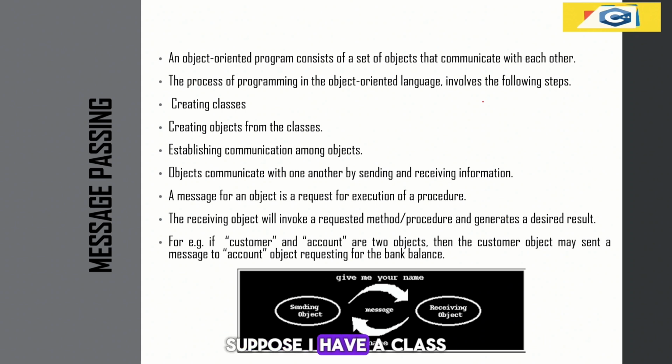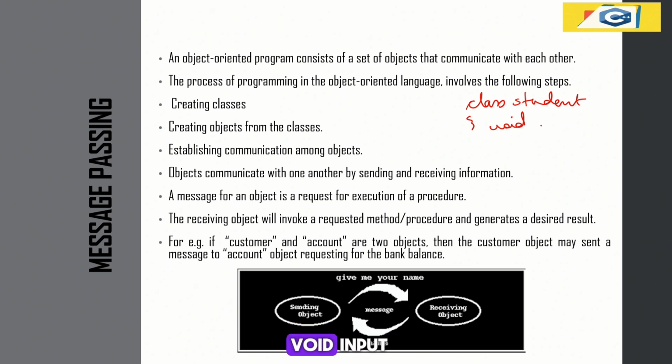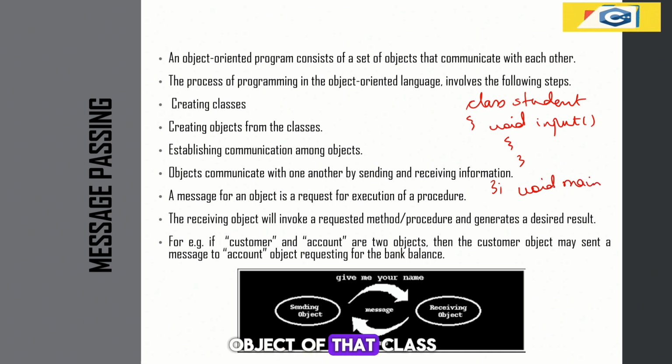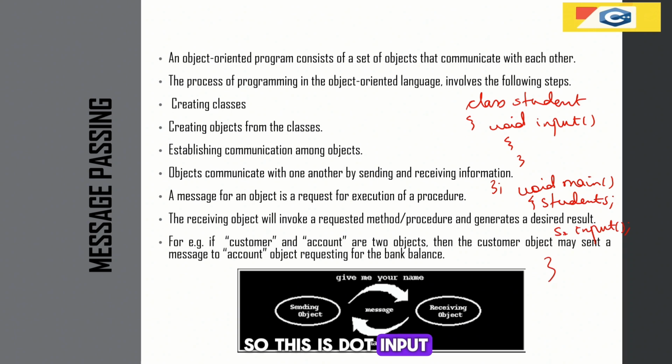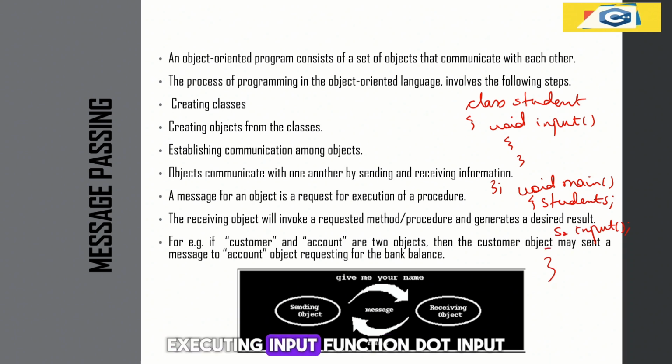Suppose I have a class student. I have a function void input. Create an object s of that class, and write s dot input. This s dot input executes the input function.